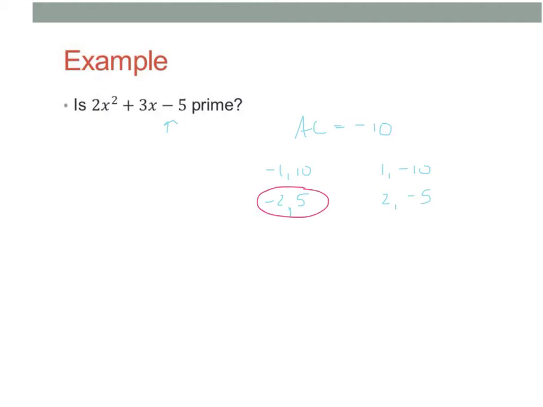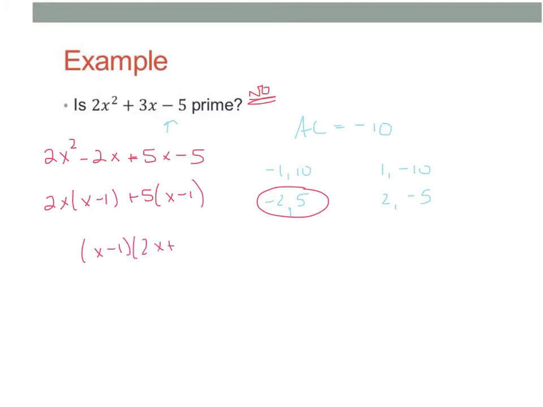There is. So if I factor this into 2x squared minus 2x plus 5x, the question really is, is this prime? And so no, but here's why. It's because I can factor this: 2x times x minus 1, oops, let me pull out the 5 there, and what we're left with is x minus 1, and so we get x minus 1 times 2x plus 5.